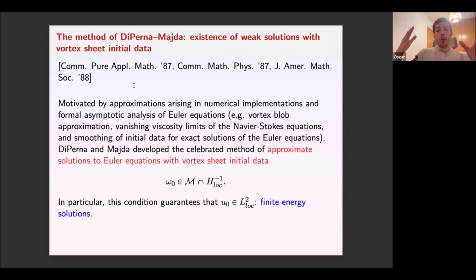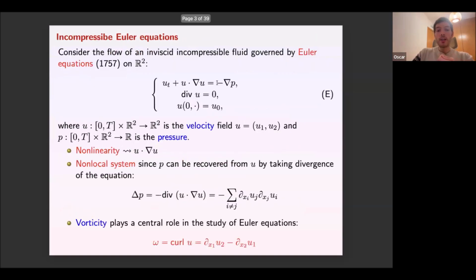Some basic examples of approximate solutions can be obtained like the vanishing viscosity limits of the Navier-Stokes equations. That is, here we add a viscous term depending on the viscosity, and then we study the limit as the viscosity goes to zero. And if everything goes smoothly, ideally, the Navier-Stokes solutions should recover the solution of the Euler system.